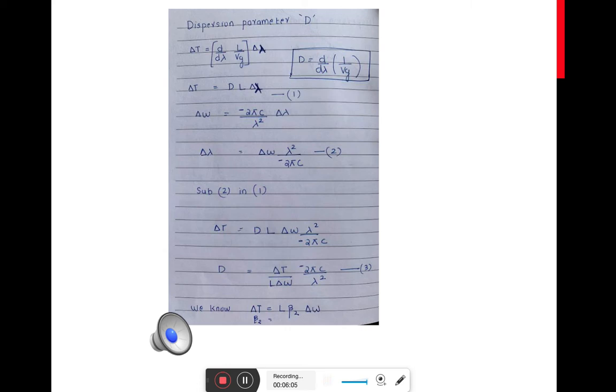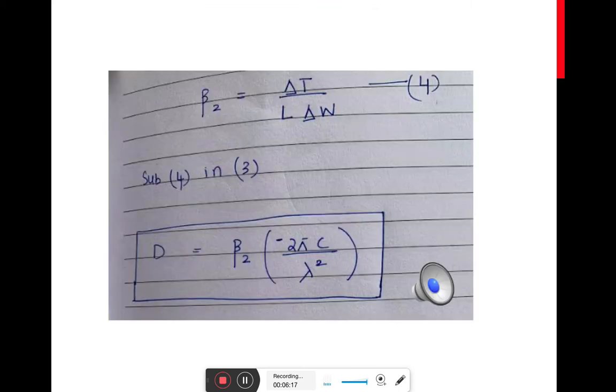So substituting that in D, we get the term for the dispersion parameter D. Substituting beta 2 as delta t by L delta omega, we get D is equal to beta 2 into minus 2 pi c by lambda square.